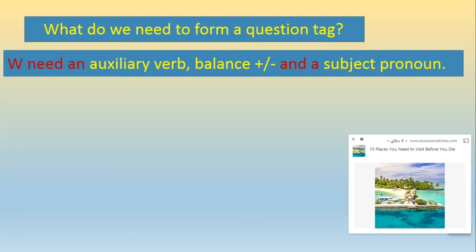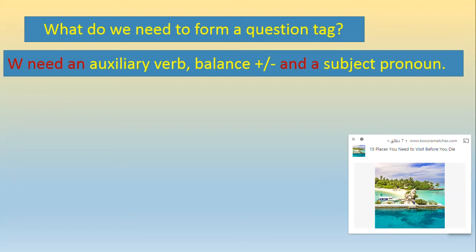And verb to have: have, has. Verb to do: do, does, did. And modal verbs: can, will, shall. Yes, we call them auxiliary verbs. So we need an auxiliary verb.